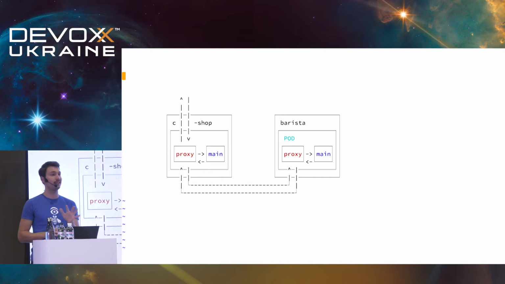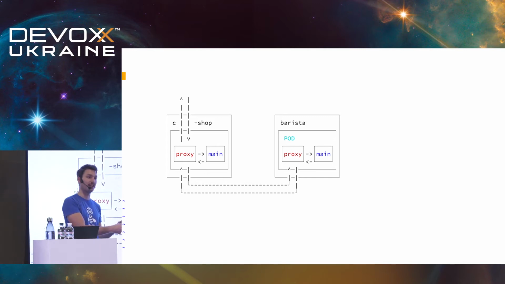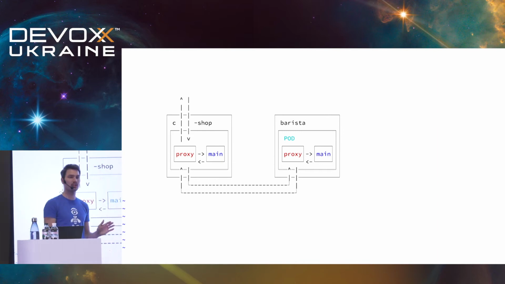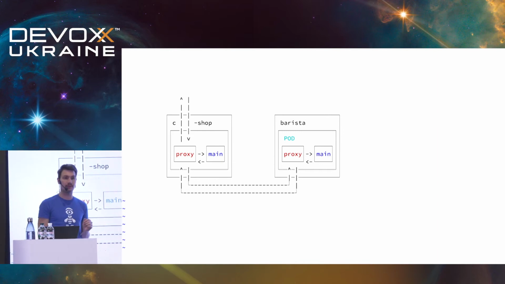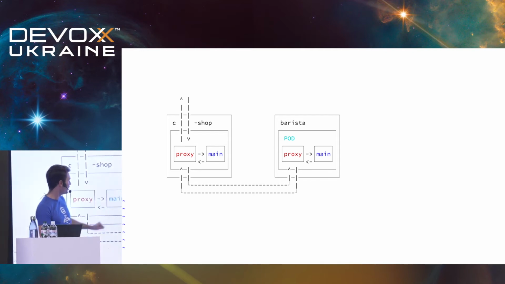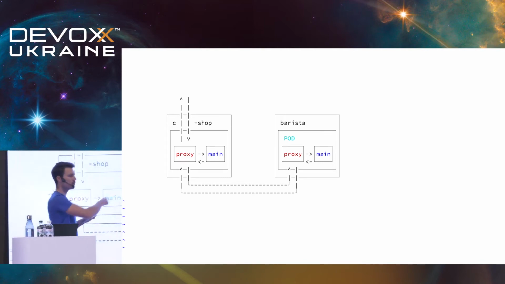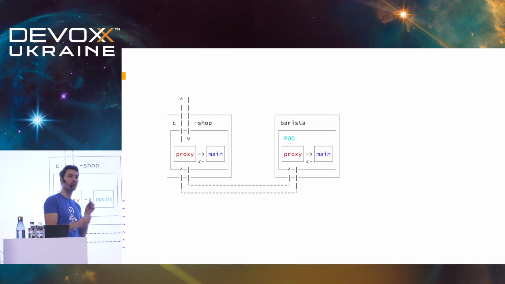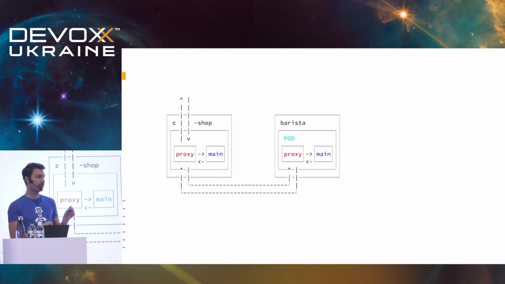Or the proxy can even intercept your communication and say, for this and this, we just kill the communication, we just don't let it through, or a few other things. Or you can reroute traffic by saying, hey, the main container just said it wants to access this system, but actually I, for some reason, want to go somewhere else. So you have full control over where the communication ends up. And that is a very powerful concept.